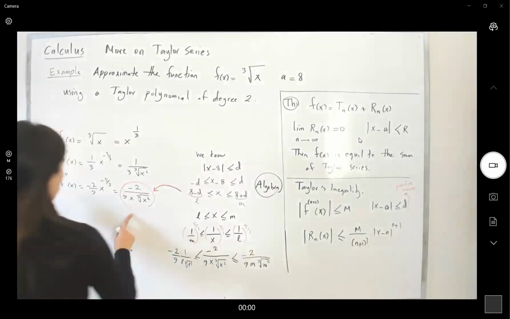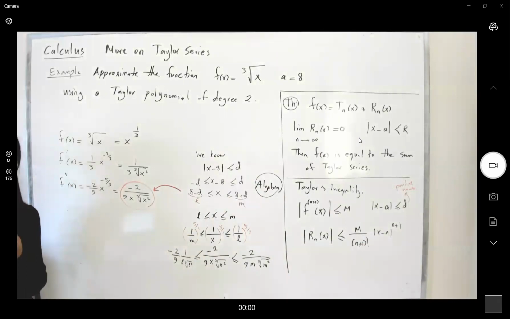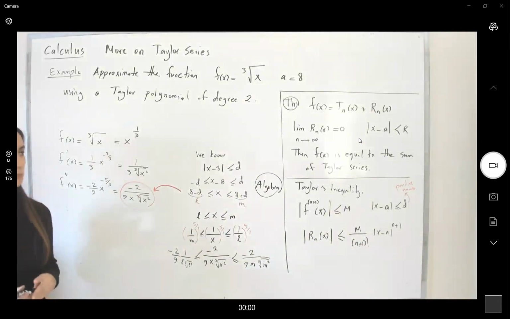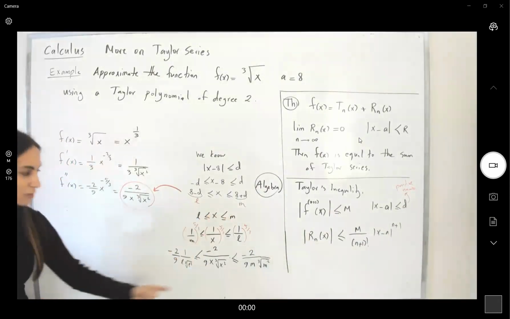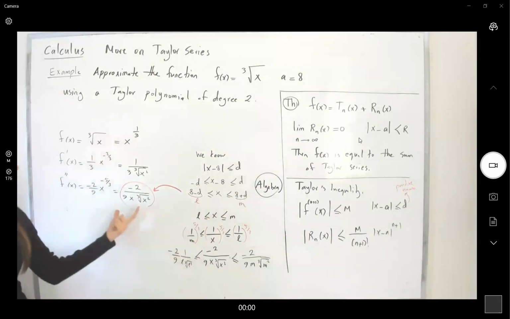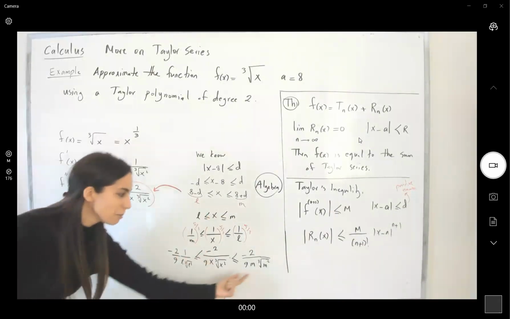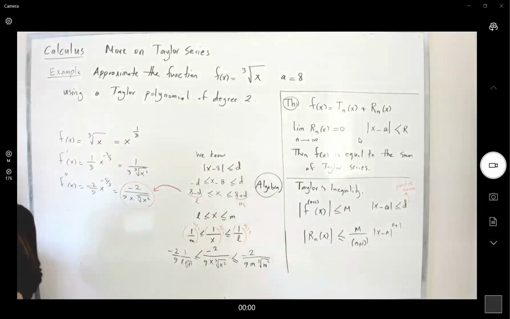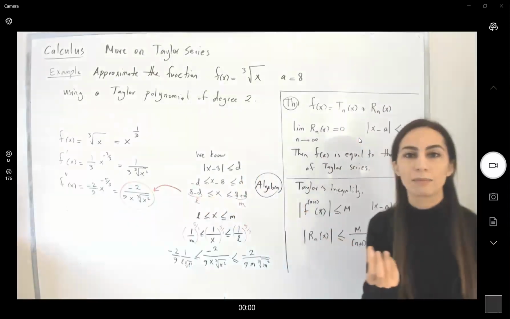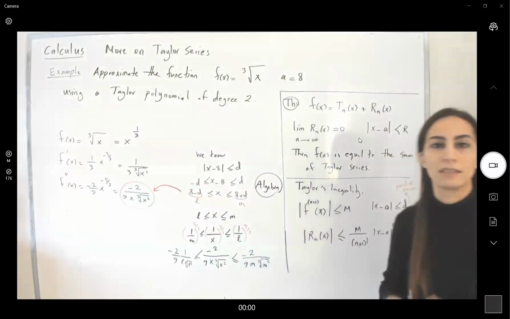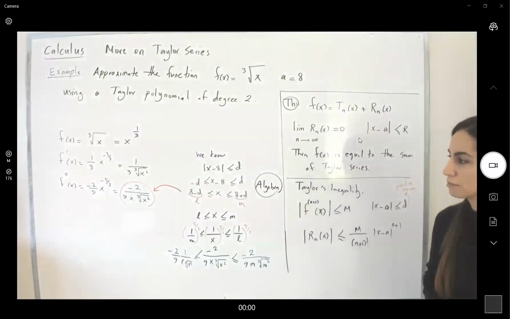This is the second derivative. I'm just showing you one example of how to analyze the derivatives of the function. Your x is bounded between two numbers. It results in the second derivative, in this case, bounded between two numbers. X is between 8 minus d and 8 plus d, where d is a positive number.